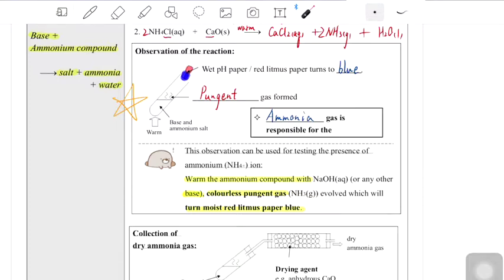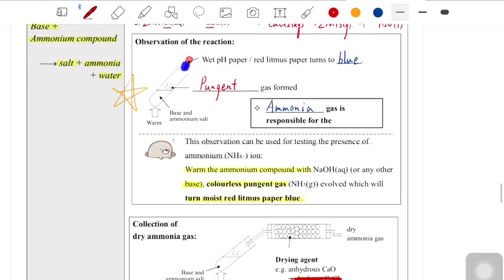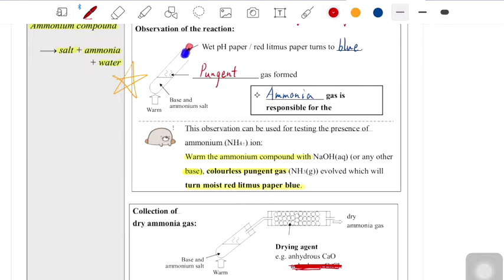We need to pass it through what's called a drying agent. On your notes, you need to make a correction. In order to dry the ammonia gas formed, we can only use anhydrous calcium oxide, not calcium chloride. Please cross it out. The reason for that, we're going to learn in the next lesson. We have a lesson to study the drying agents later on.